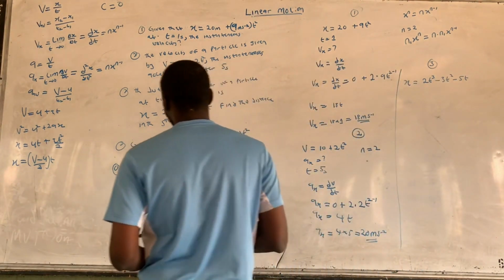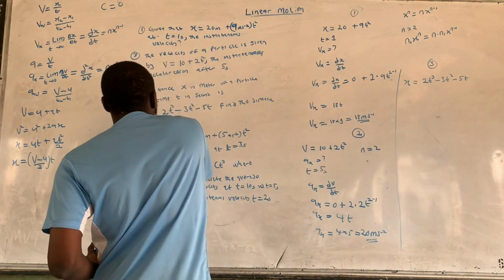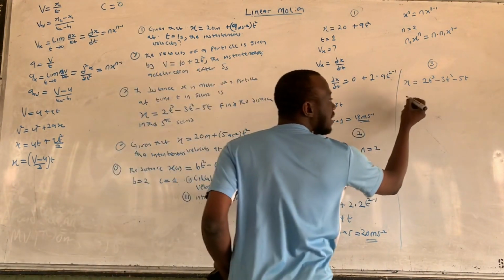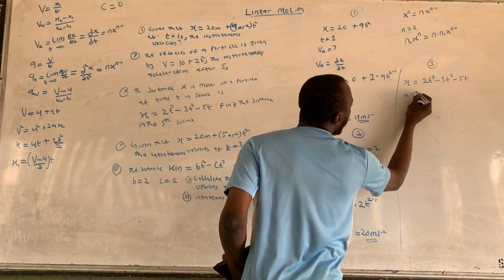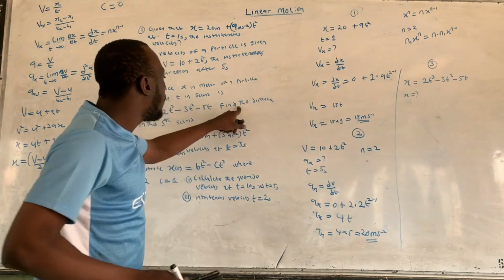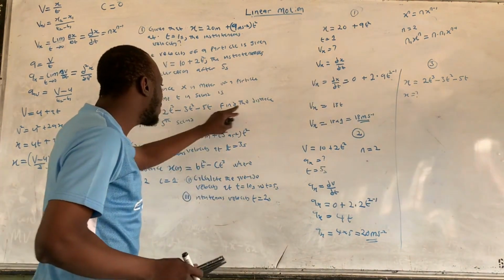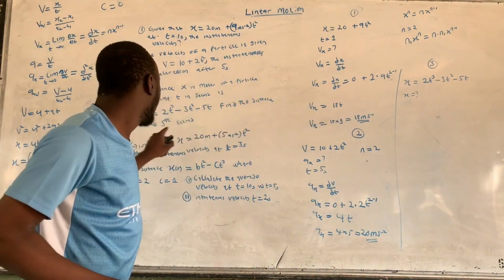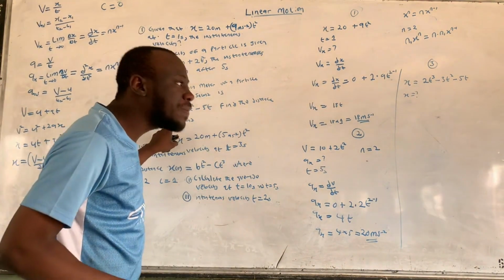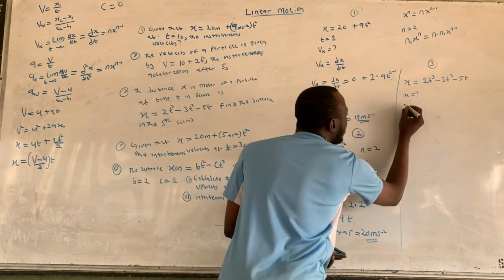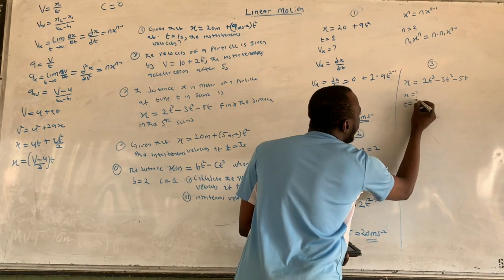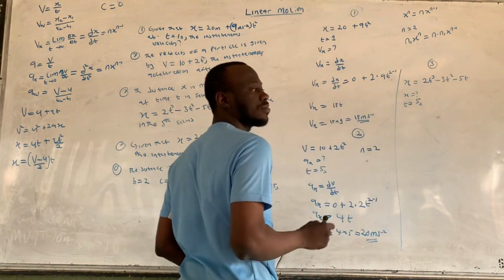Find the distance in the fifth second, meaning we should find distance x, where t equals 5 seconds.